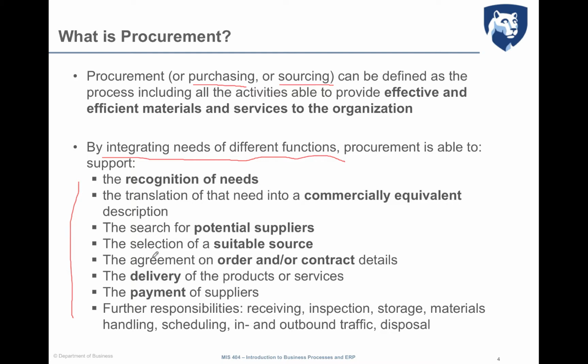It also follows the delivery of these products and services, pays the supplier, receives, inspects and stores materials, handles goods, schedules delivery, coordinates inbound and outbound traffic, and disposes of goods that are no longer needed by the company.